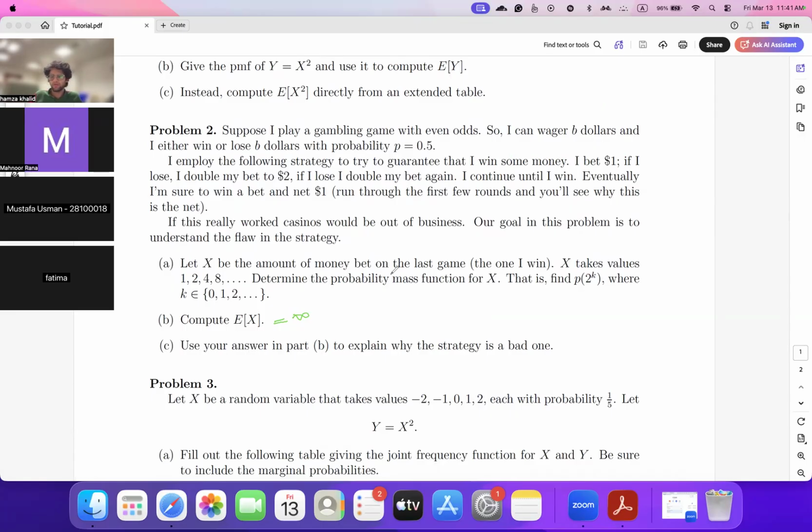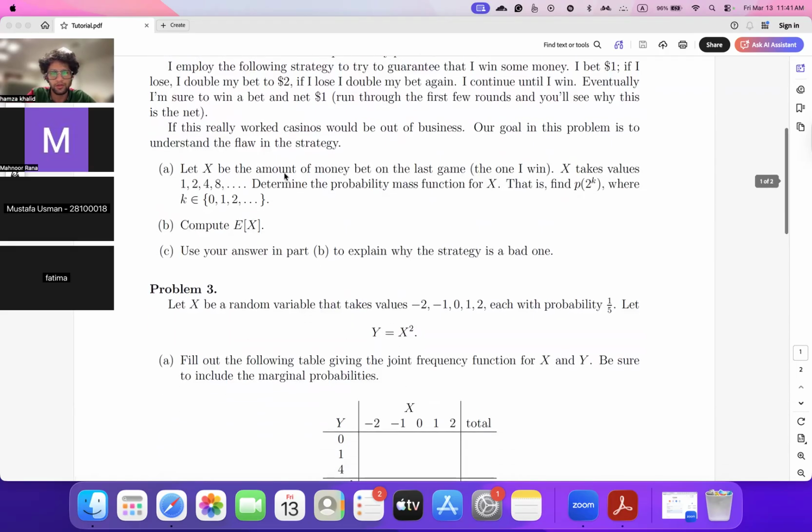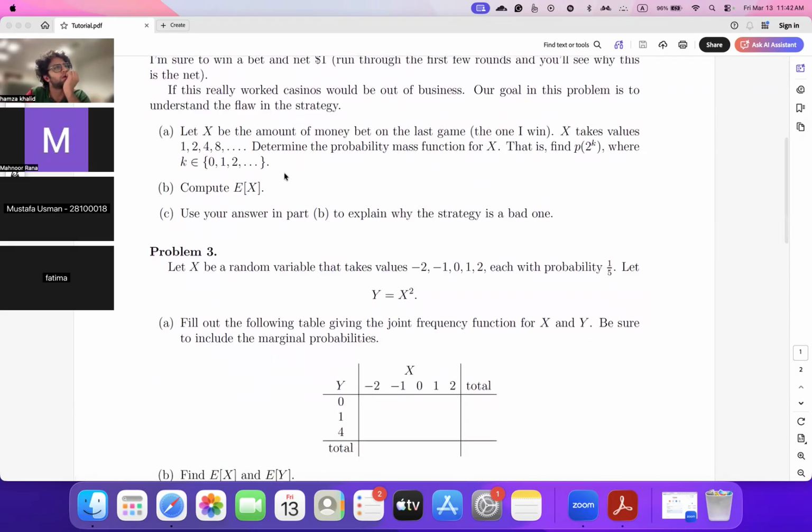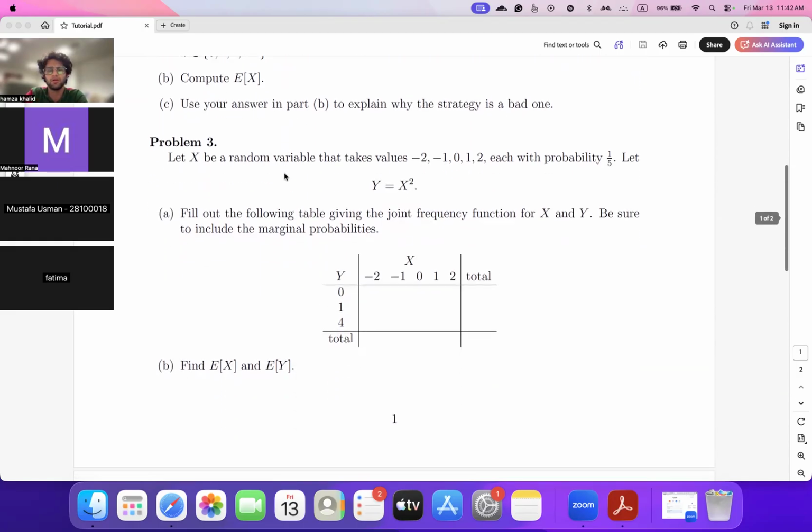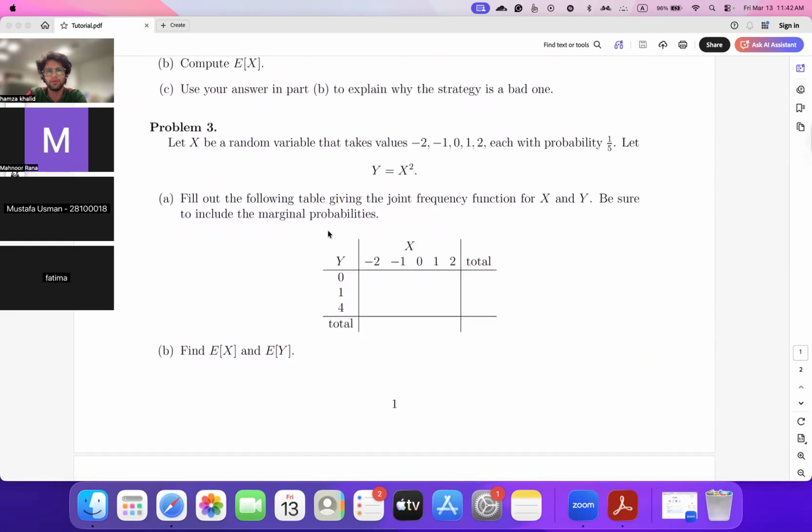Since the average last bet is infinite, because that is what my expectation of X is, I need to have an infinite amount of money in reserve or in the bank. So I'm going to go to the next question. This is, by the way, I think it's called the St. Petersburg paradox or something like that. You're free to look it up.